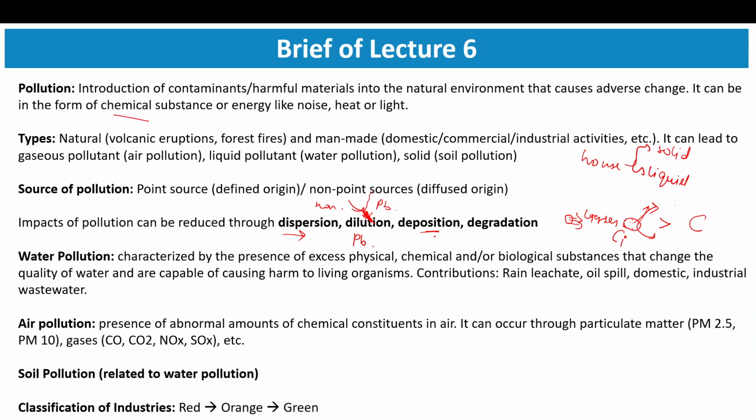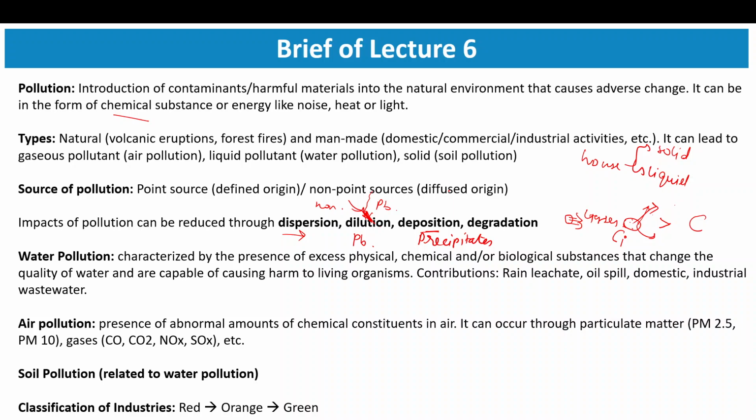There could be some chemical interaction or some deposition in the form of precipitates. So that is nothing but deposition. Its mobility is reduced and hence its impact can be lowered by deposition, because it will not travel further and will not come into your contact to cause harmful impact.